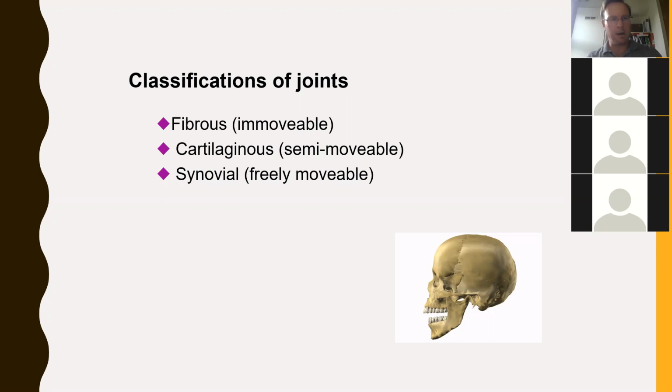Okay, I am going to carry on with the types of synovial joint. Hopefully you've got your headings down. When we finish this, you're going to talk about the classifications of joints being fibrous, cartilaginous, and synovial.